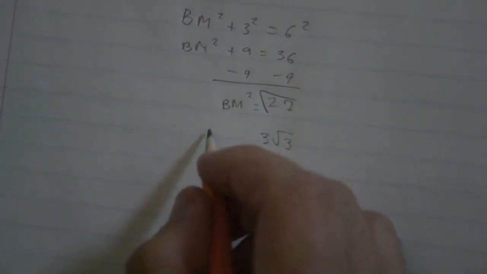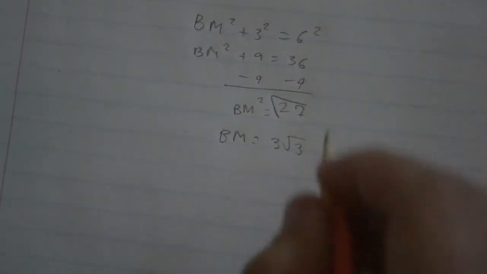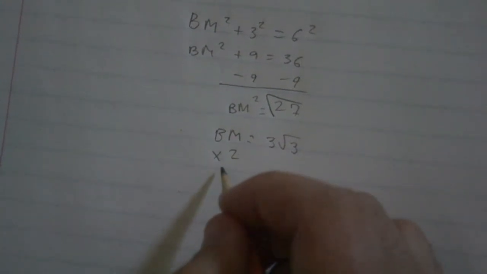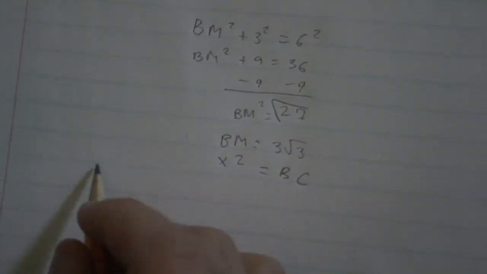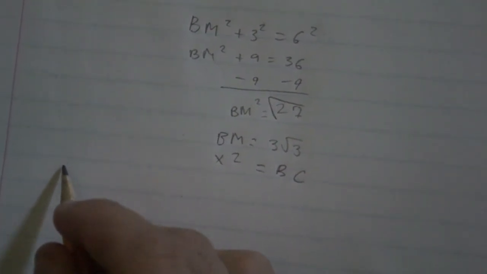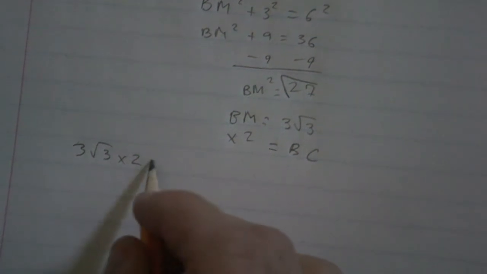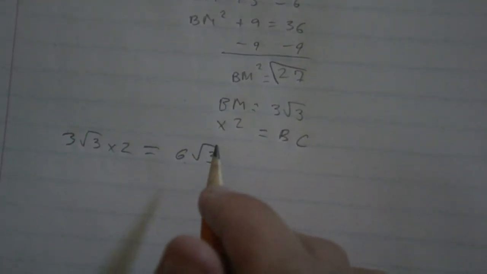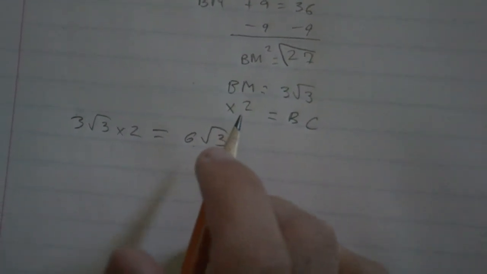Now you know BM is equal to 3 root 3, and BM times 2 is equal to BC. So we do 3 root 3 times 2, which is equal to 6 root 3, making it a successfully perfect tent. The end.